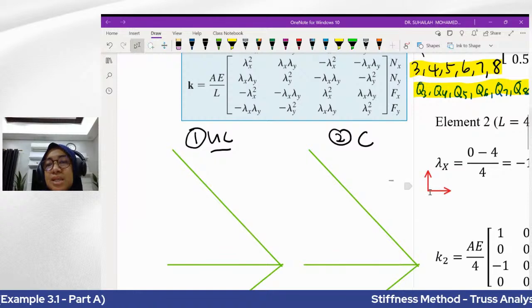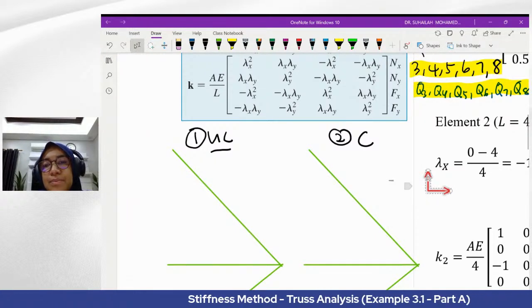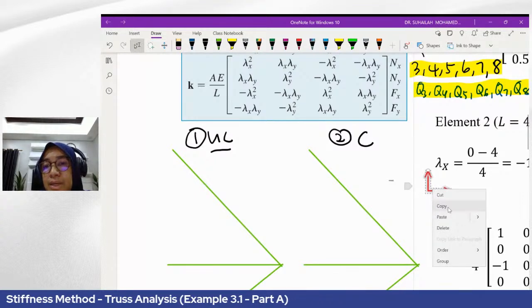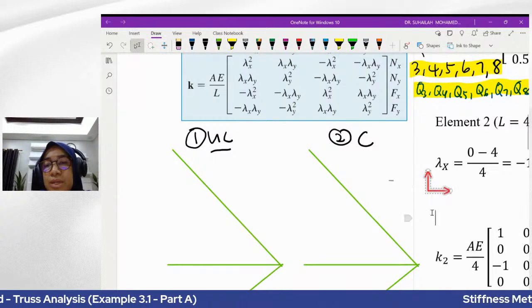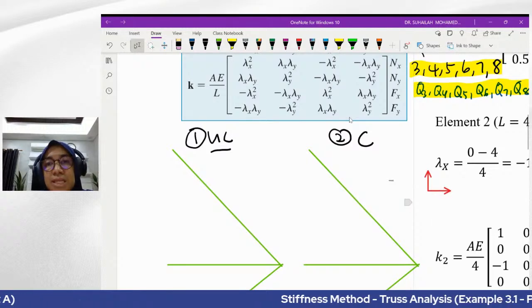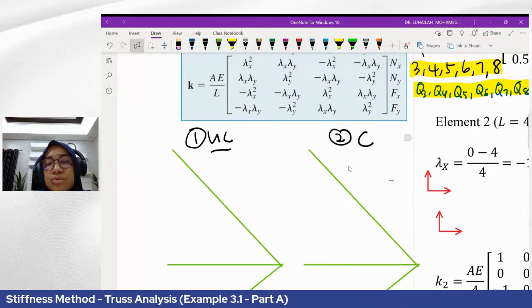Okay, so this is the degree of freedom in the x and y components. So we must put 6 in the constrained system and 2 in the unconstrained system.